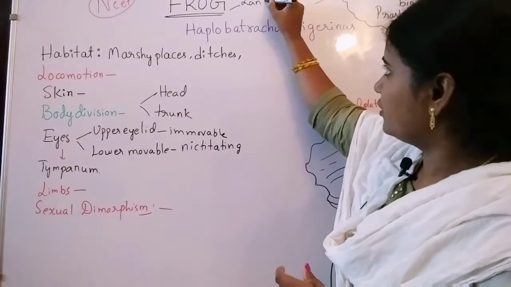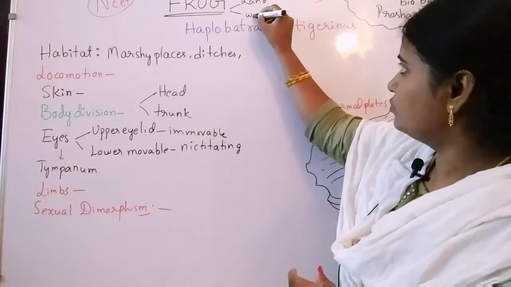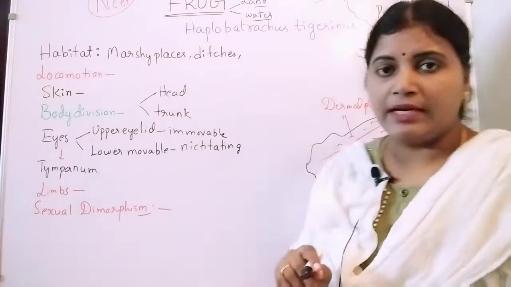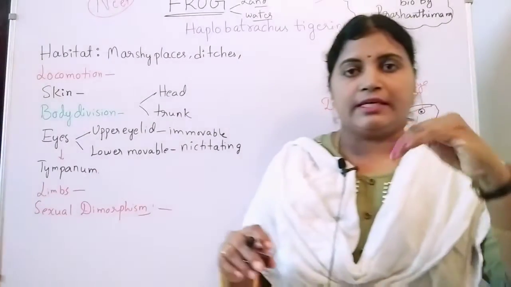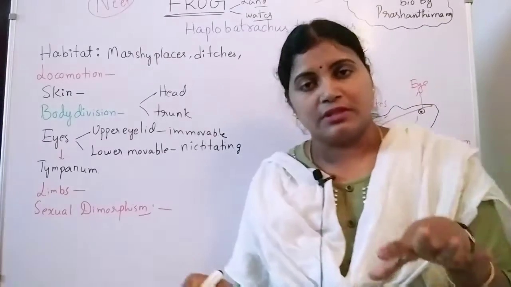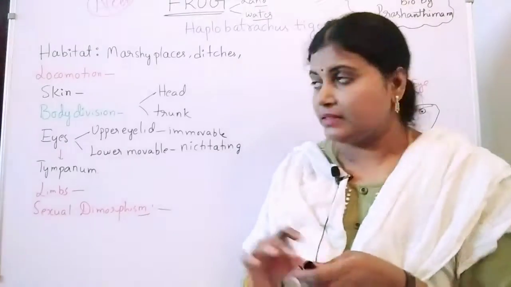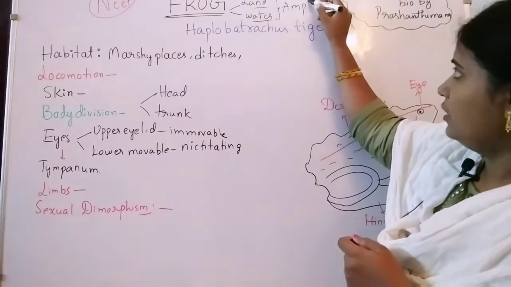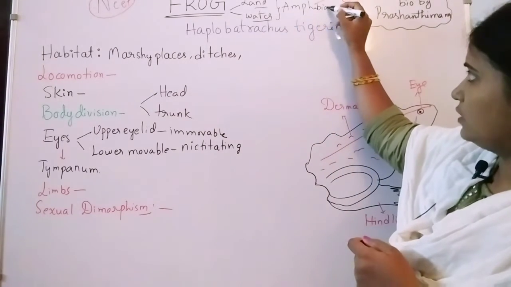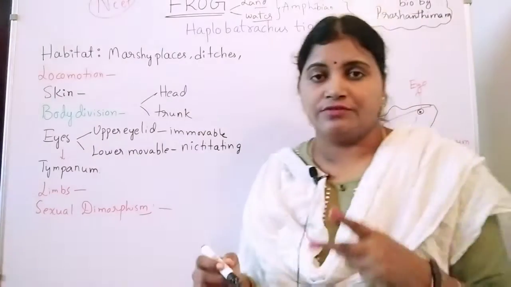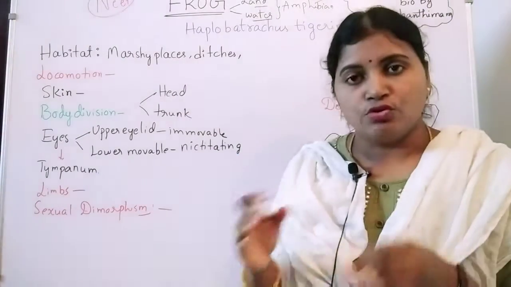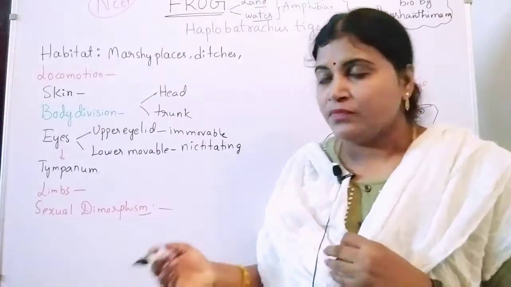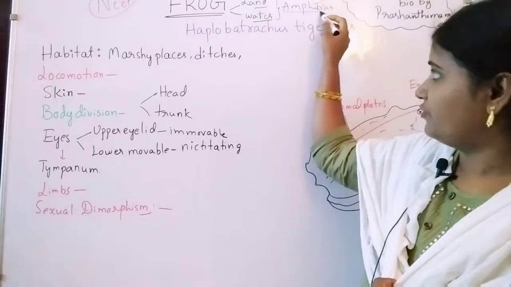Dual mode of life means it can live in both habitats, land and water. So it can live on land and at the same time it can live in water also.